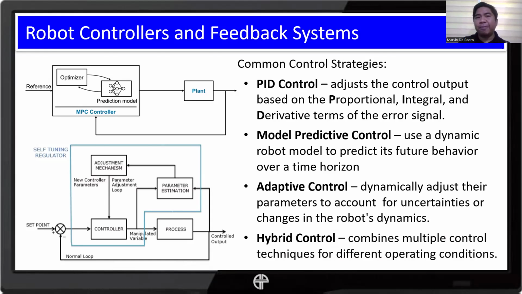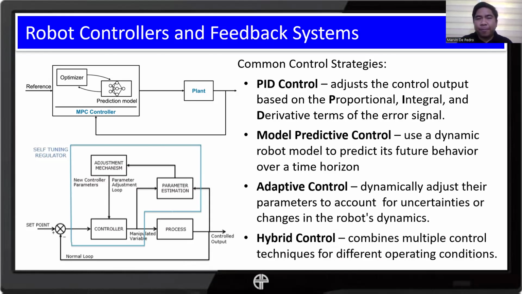So it can now be more autonomous, because it can perform decision making based on its prediction.